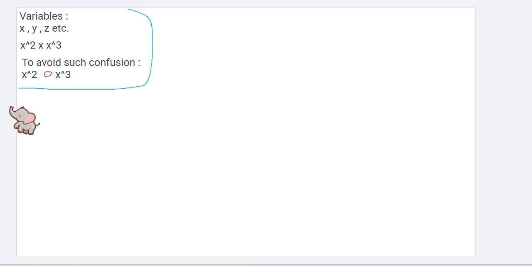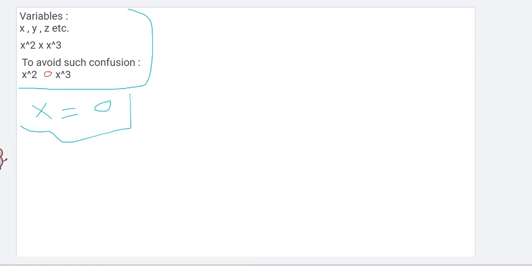From this we got to know that the multiplication sign x is also equal to a dot. In some textbooks, multiplication is represented by this dot to avoid confusion.